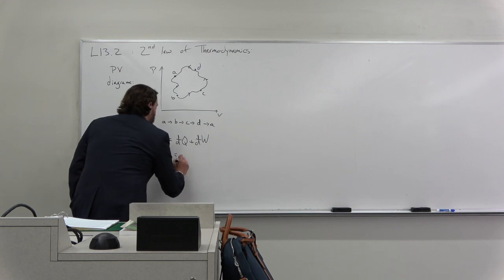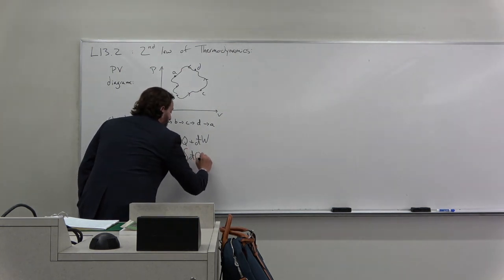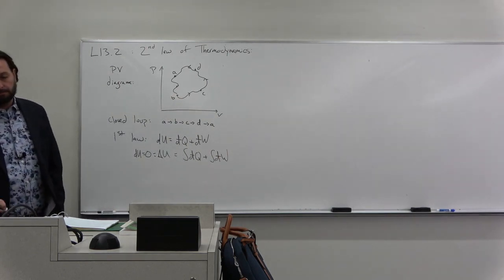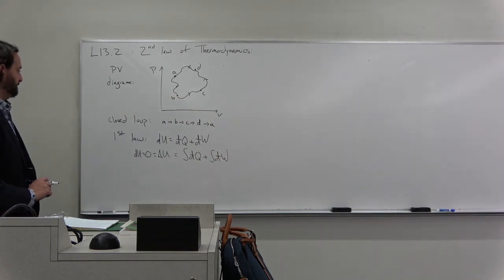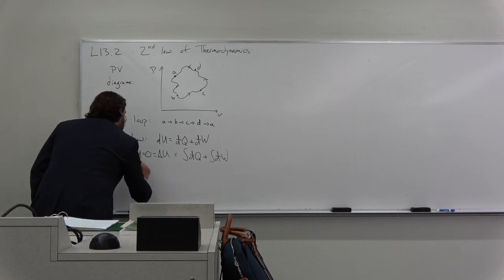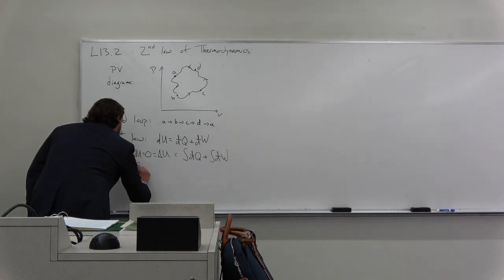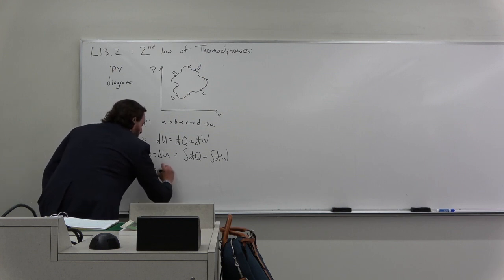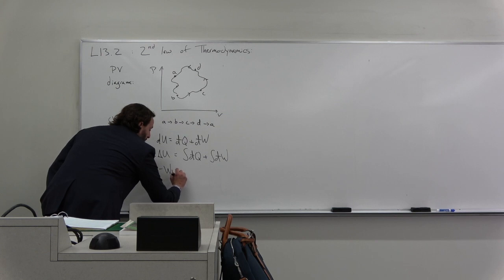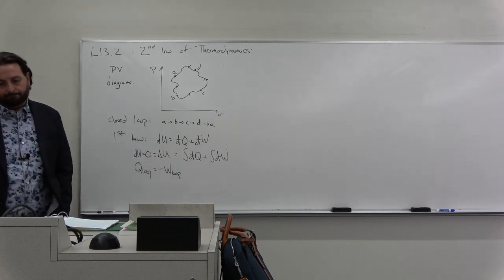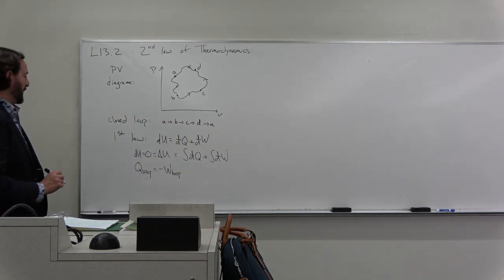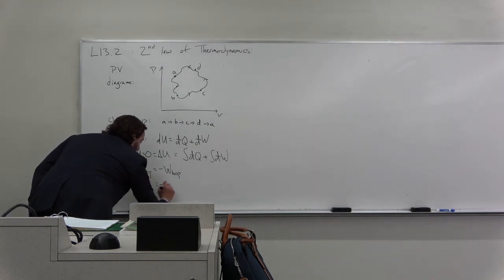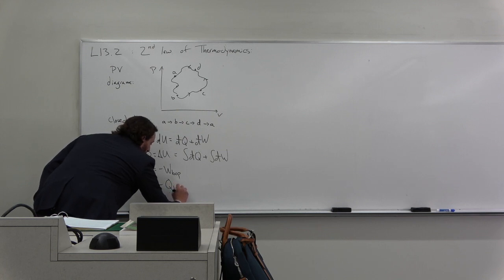But this was equal to the integral of dQ plus the integral of dW. So what that means is that Q loop is equal to minus the work done in the loop, or the work done in the loop is equal to minus the heat in the loop.